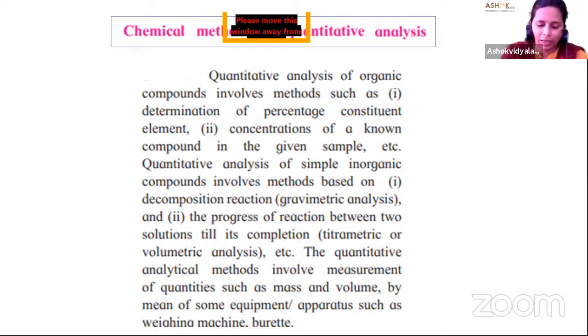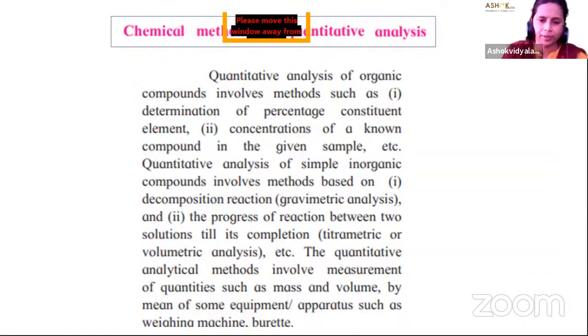Here I'll give you the example of the experiment for this year, that is to determine the concentration of an unknown sample. Suppose we take a strong acid and a strong base: the strong base is NaOH and the strong acid is HCl. I know the concentration of the strong acid HCl, but I don't know the concentration of the given NaOH. So how will I find out the concentration of NaOH?